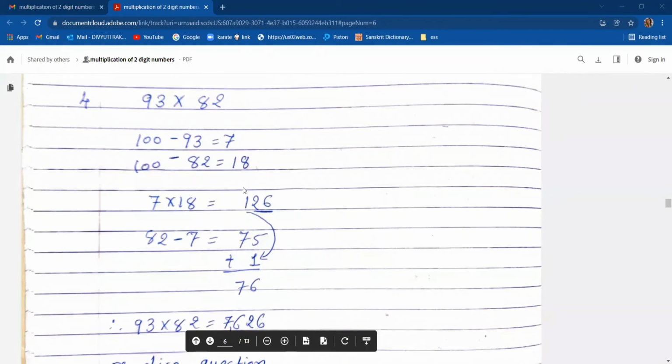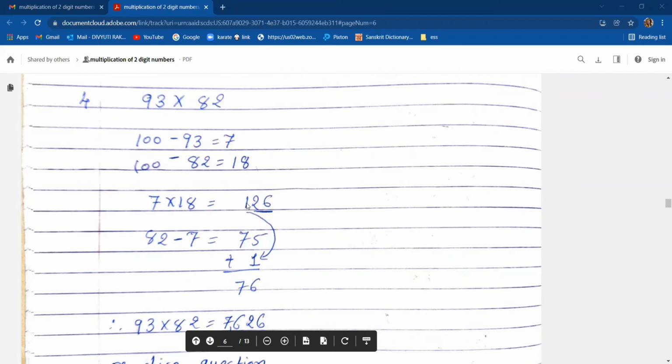Now let's move on to the next question. 93 into 82. So 100 minus 93 will be 7, and 100 minus 82 will be 18. So 18 sevens are 126, and now 82 minus 7, right? 82 minus 7 will give you 75.